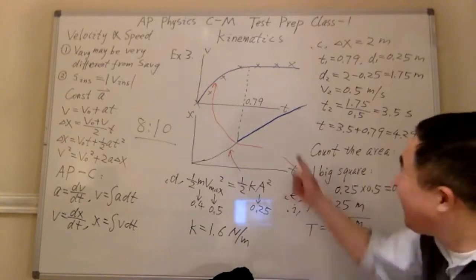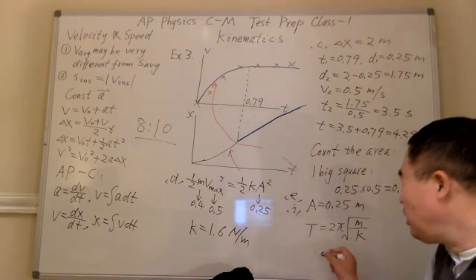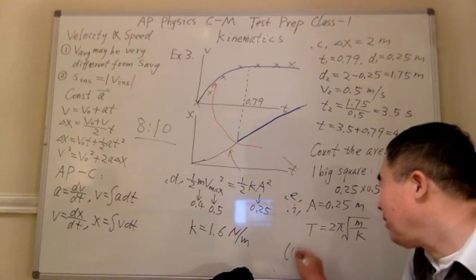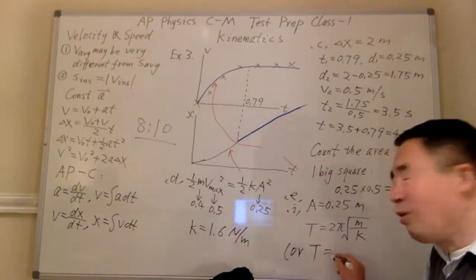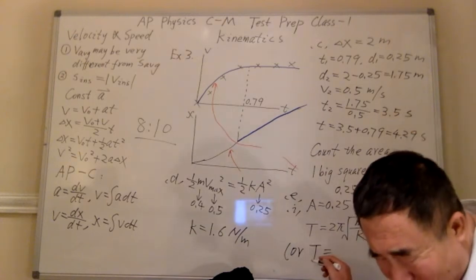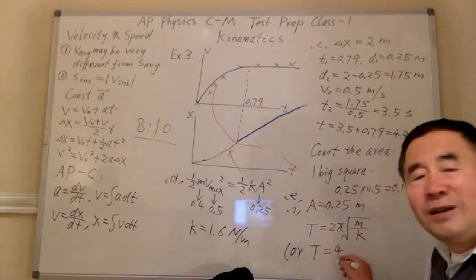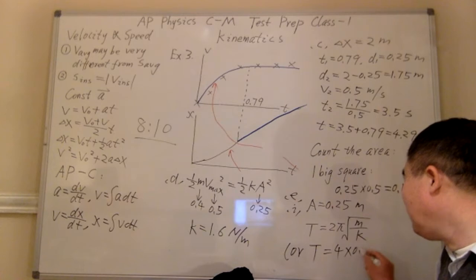Graphing. Each time they give you the graph, you can use another way. Period equal to what? 4 times 0.79.